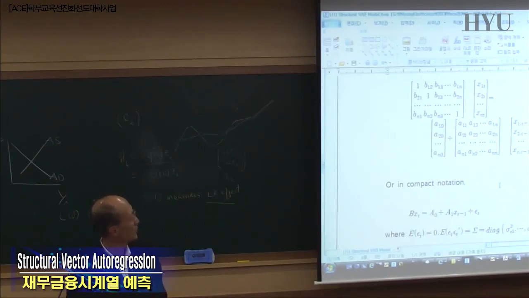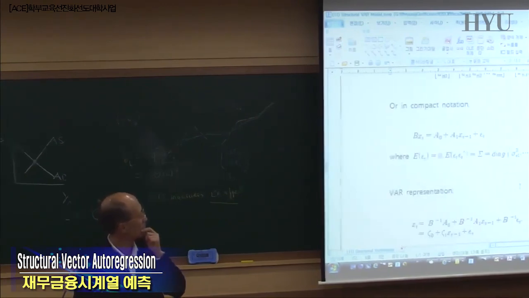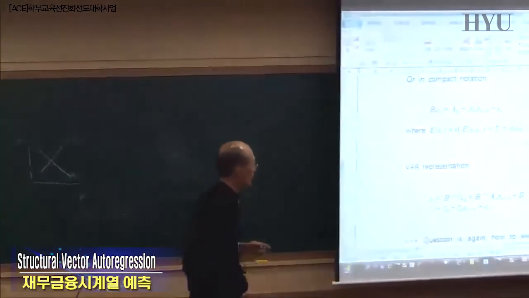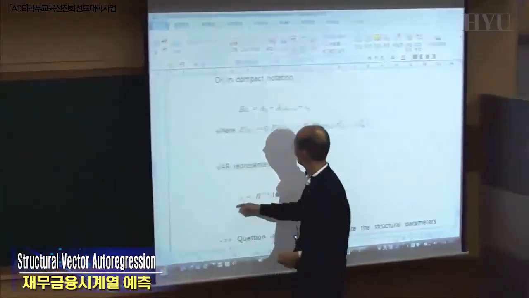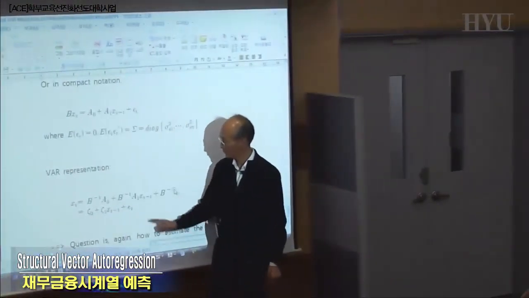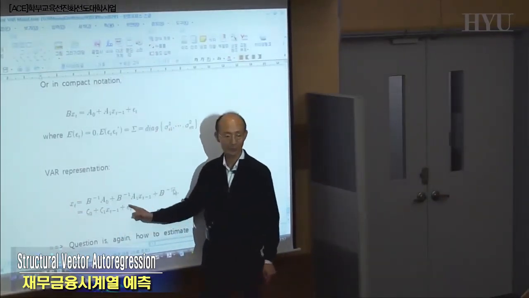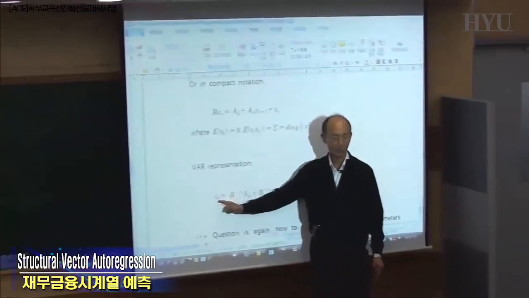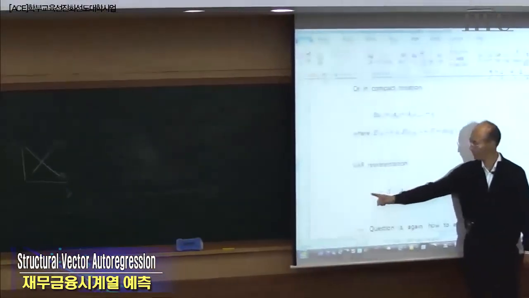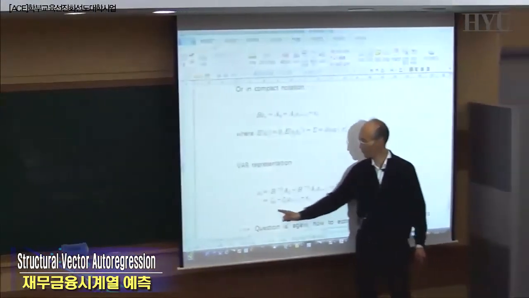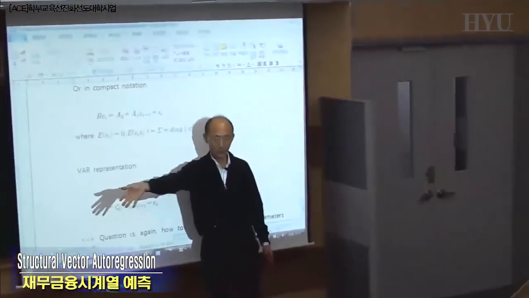But the problem is that you have data X. This is basically what you can estimate from the VAR using EViews, right? Okay?